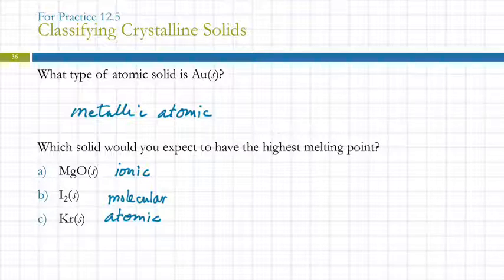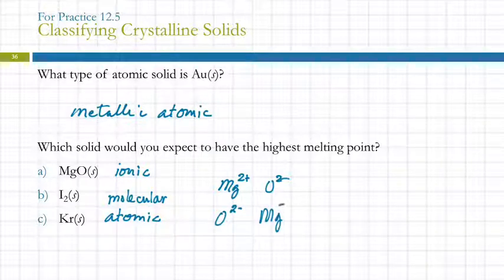In an ionic compound, you've got magnesium ions and oxide ions, and they're going to form some sort of a lattice, and they're all going to be attracted to each other. And so you have ionic bonds, the force of attraction between these going in all directions. Ionic bonds are very strong.